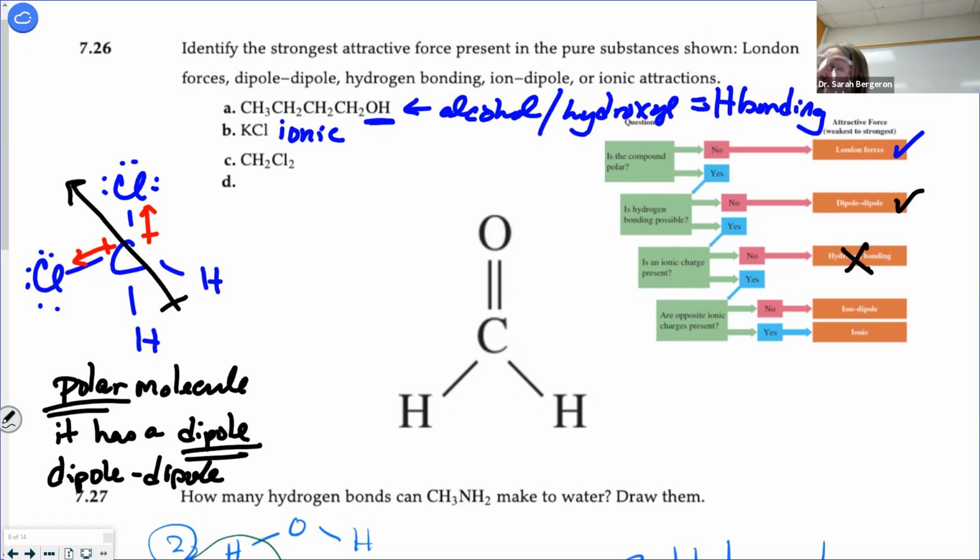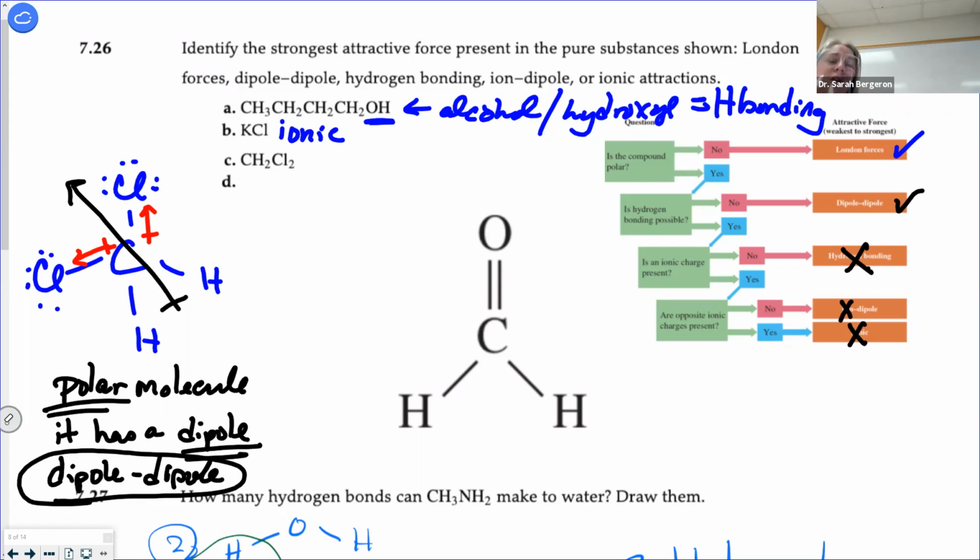Like a +1, a -1, I don't see that. So I don't have an ion. So can I have ionic interactions? No. So what is the strongest interaction that I have? Dipole-dipole. So that's what I wrote down here. Dipole-dipole. Good. Okay. The last one.